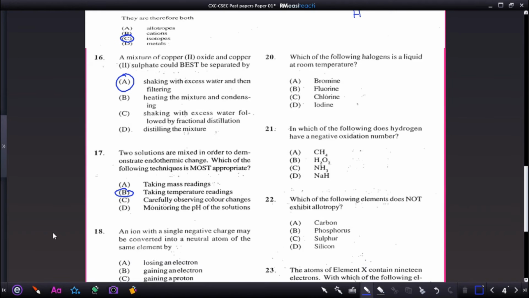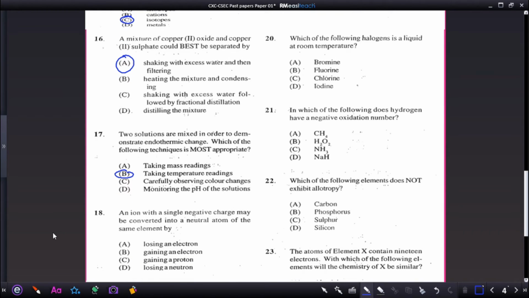Question 18. An anion with a single negative charge may be converted into a neutral atom of the same element by losing an electron, gaining an electron, gaining a proton, or losing a neutron. So let us use chlorine as an example, the chloride ion.